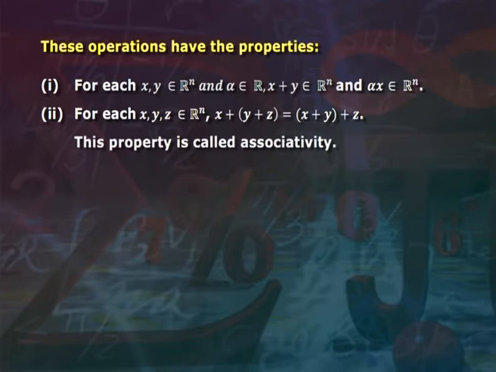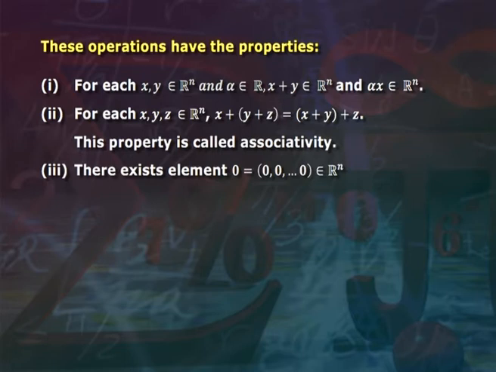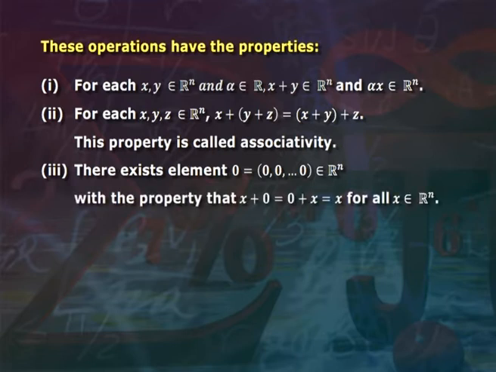This property is called associativity. 3. There exists an element 0 equal to (0, 0, up to 0) in Rn with the property that x plus 0 equal to 0 plus x equal to x for all x in Rn.